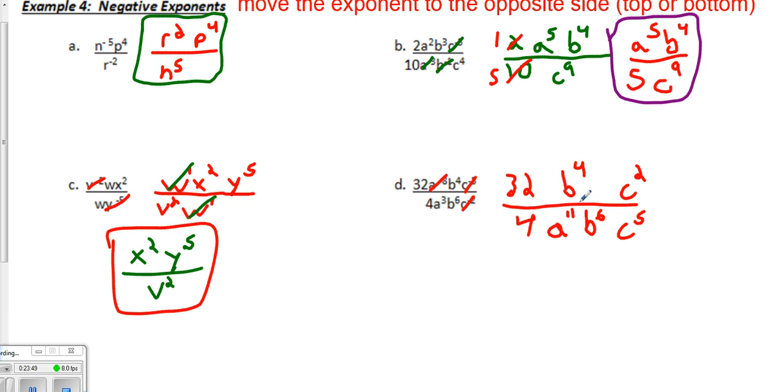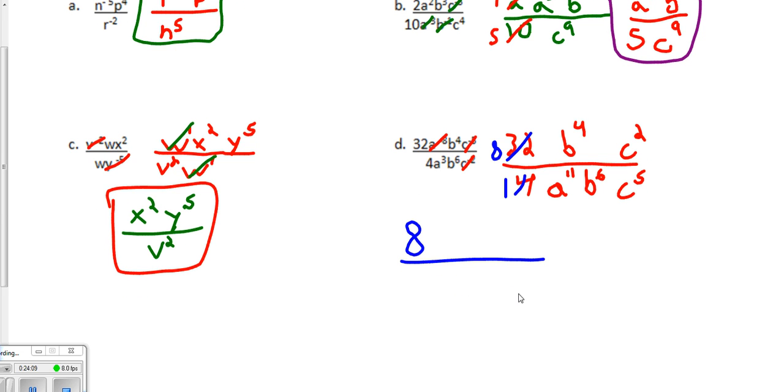So at this point, we look at 32 divided by 4. Well, that's the same as 8 over 1. So when we write out our next piece of the fraction, we'll put 8 on top. And we don't really need a 1 on bottom because 1 times anything would be itself. So that would stay as it is. We don't have any a's to cancel out here, so the a to the 11th will just stay there.